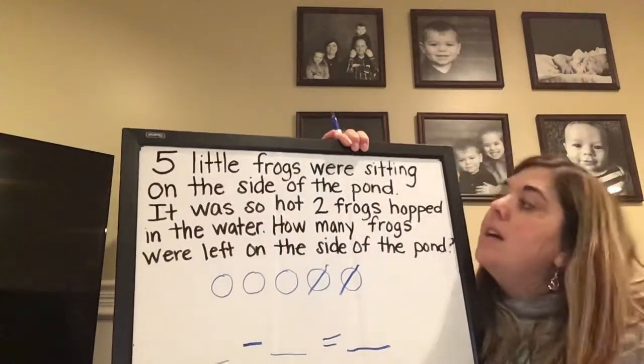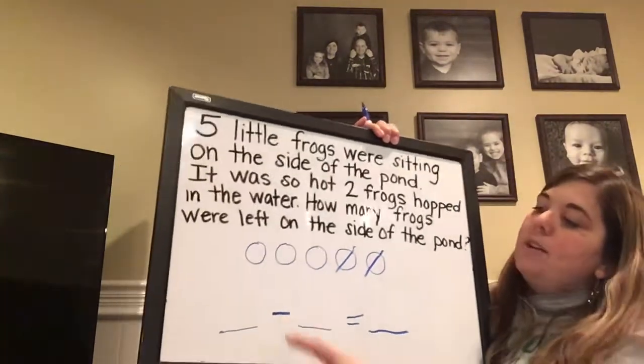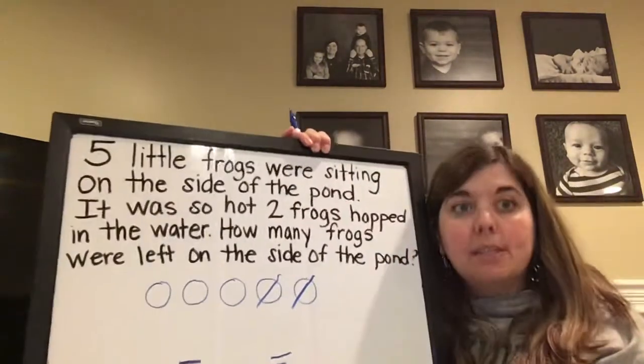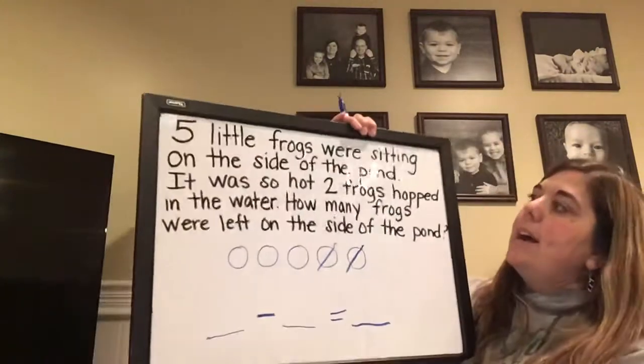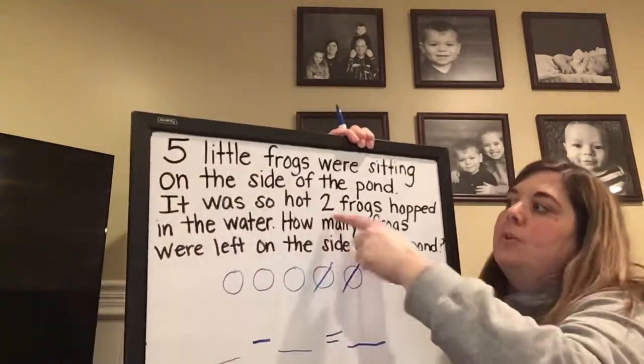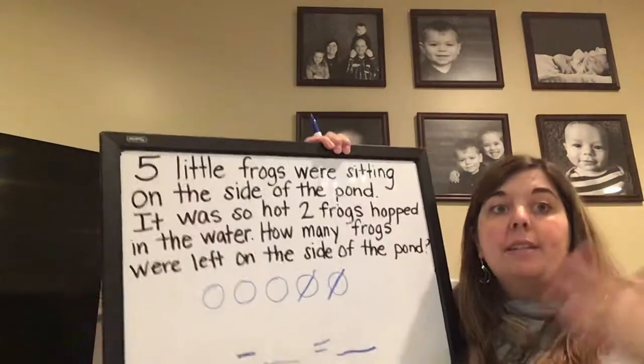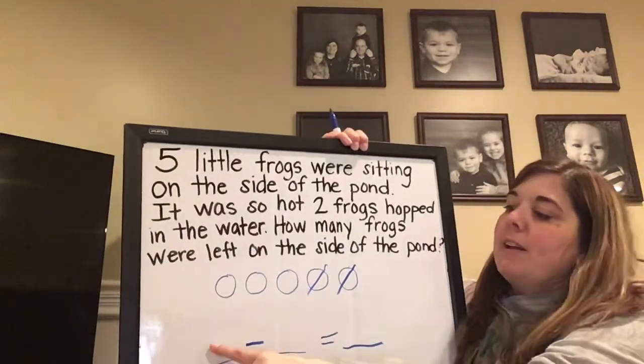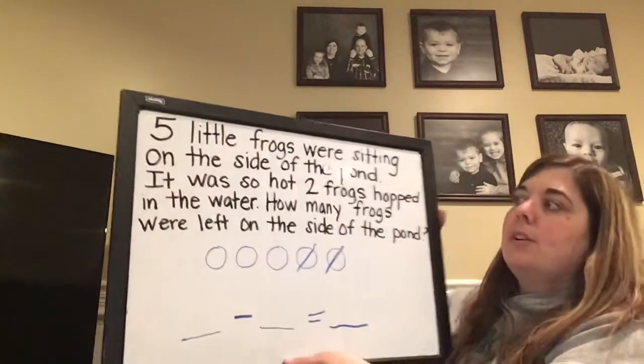Okay. So we need to figure out what number we started with, and that's going to be our first number. When we do subtraction, the biggest number always goes first. So I see we had 5 and 2 left. So the biggest number out of those is 5. You got it. All right, so we're going to write 5 here because that's how many frogs we started off with.